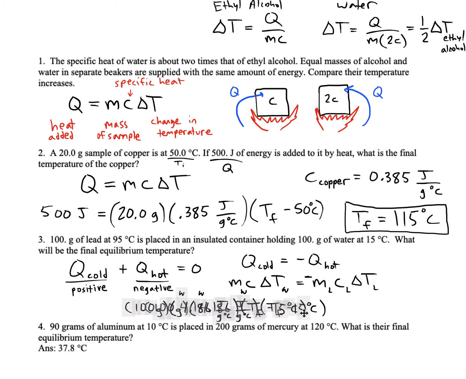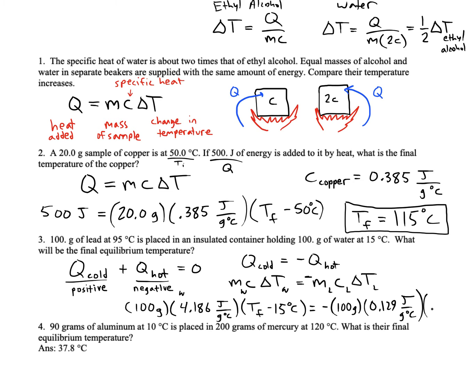Move all this over. Okay, then we put in the mass of the lead, 100 grams. And we'll put in the specific heat of lead, which I do have to look up on a table or google.com. It's 0.129 joules per gram degree Celsius.